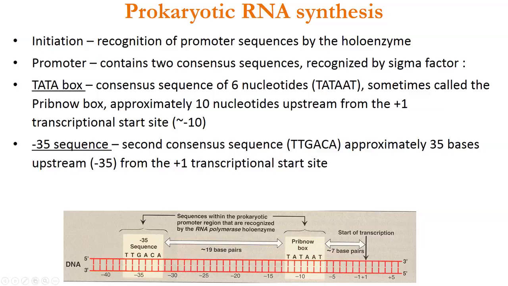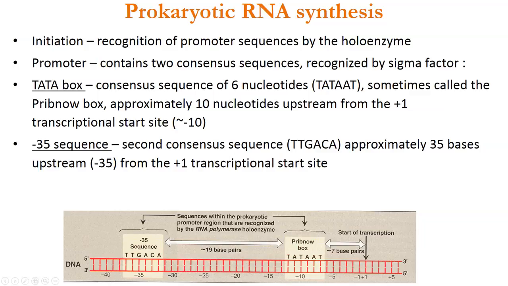Okay, so first we're going to look at this core promoter region. So these consensus sequences are sequences that would be common to all promoter regions for mRNAs. So the initiation of transcription is caused by recognition of promoter sequences by the holoenzyme.